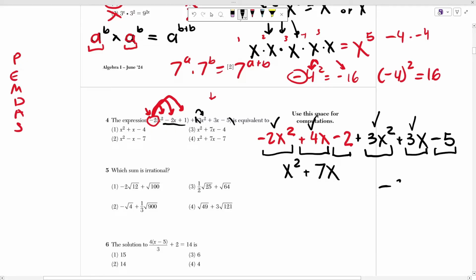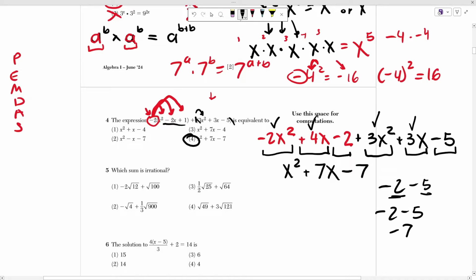Here I have -2 minus 5. Well, if I'm in debt and I take more money out, $5 more, if I'm already in debt by $2, I'm actually in debt by $7, okay? So the correct answer to number 4 is choice 4. X squared plus 7x minus 7. Remember that -2 minus 5 is -7, okay?